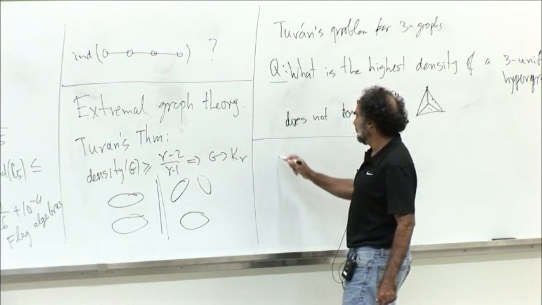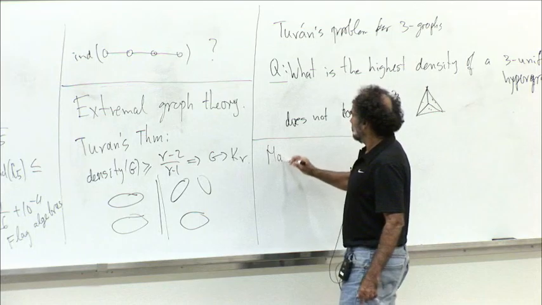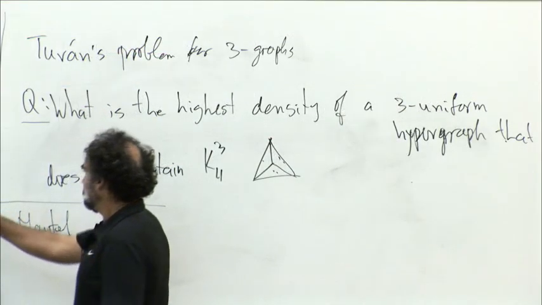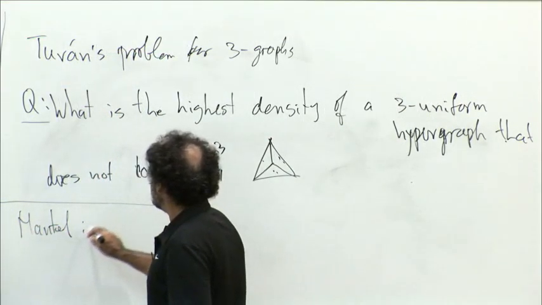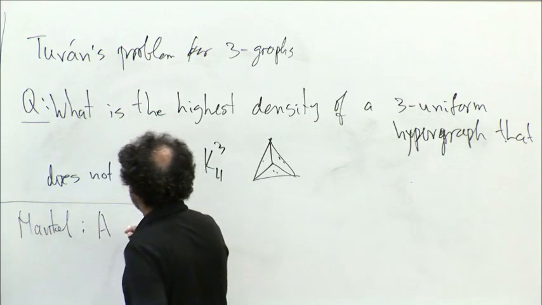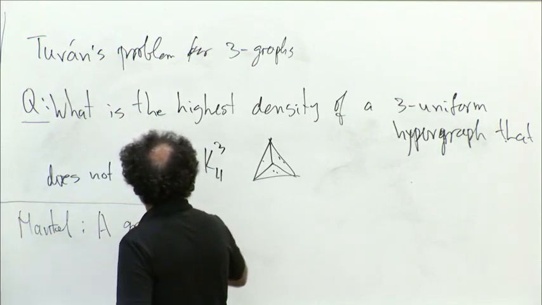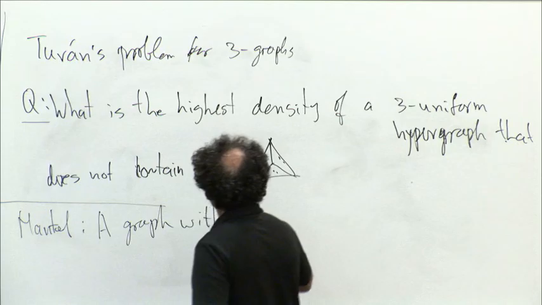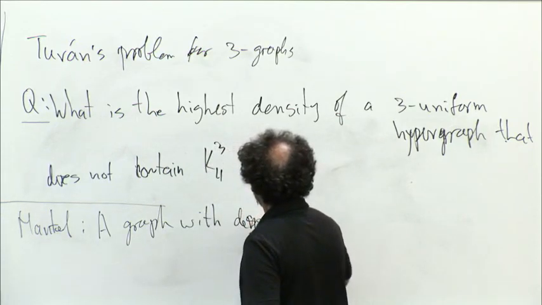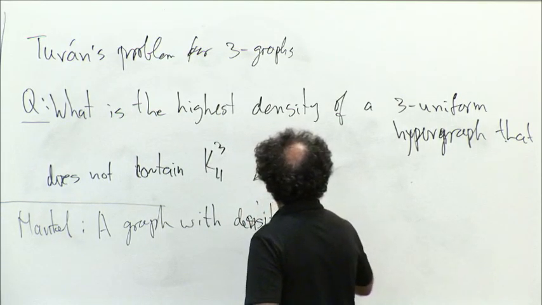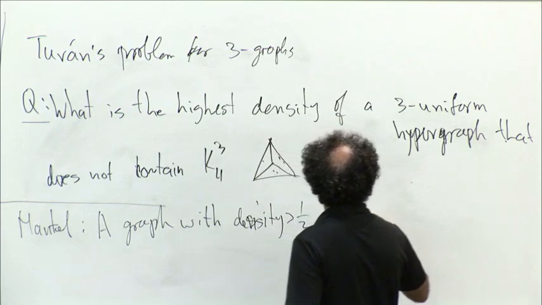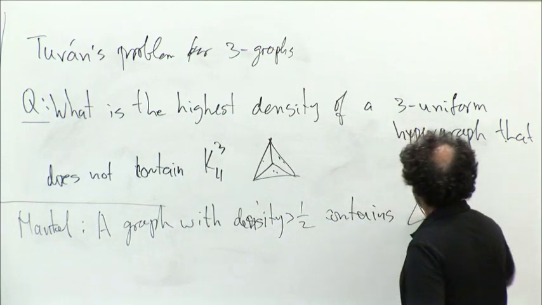so here in particular, that was already known to Mantel. So Mantel is a predecessor of Turan's theorem, says that a graph, I'm just repeating what I wrote here, a graph with density bigger than 1/2 contains a triangle.